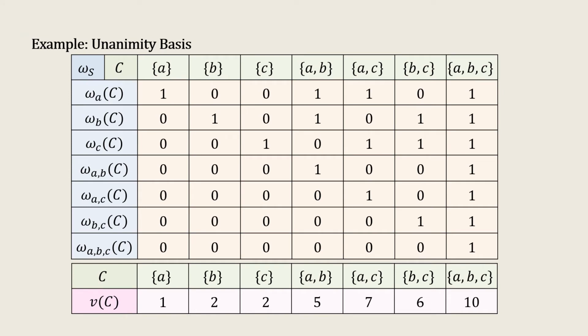Now let's take up a bigger example and we'll try to compute the Harsanyi dividends specifically for this game here. The values are defined here and these are all the unanimity functions, omega A, omega B until omega ABC.